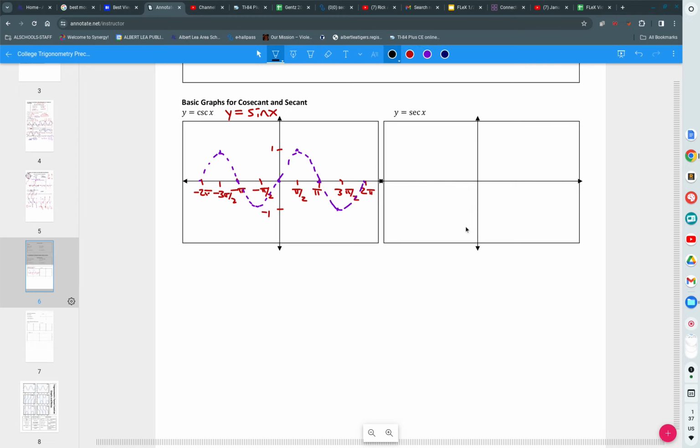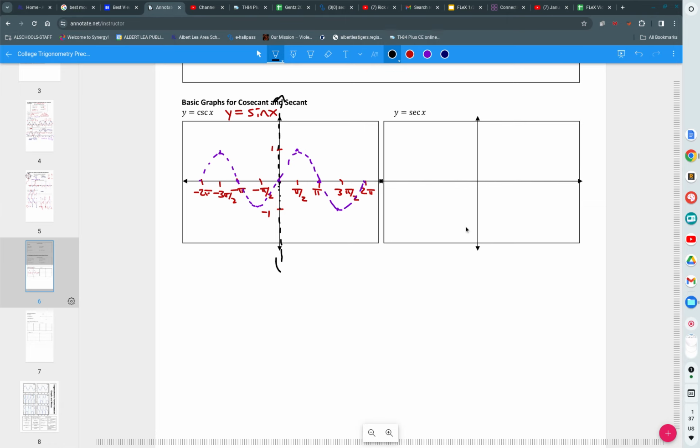So we'll see who can be first in line here, because I've already heard it talked about today. I have the value of sine here. What's the value of sine right here? 0. What's the reciprocal of 0? Undefined. And so if I have an undefined value, I will draw vertical asymptotes.